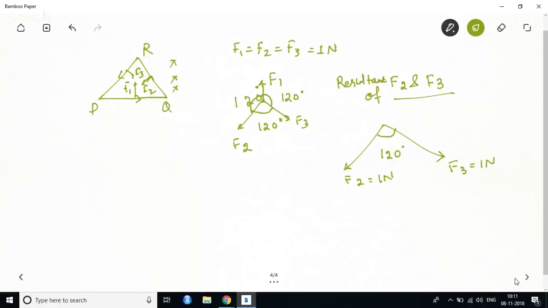First let me teach you vectors and then I'll come to this. Suppose there are two vectors. This is vector A and this is vector B, and the angle is theta degrees.